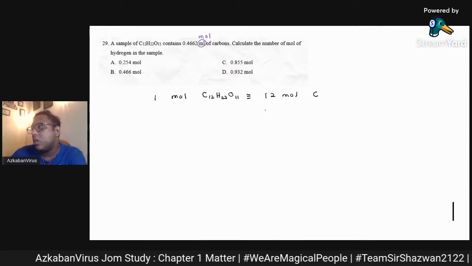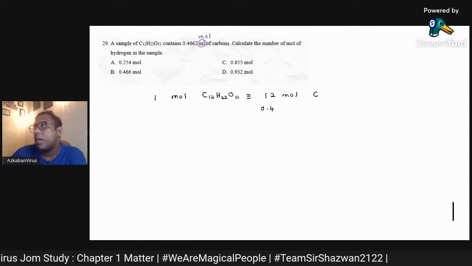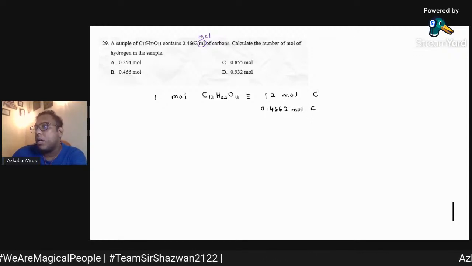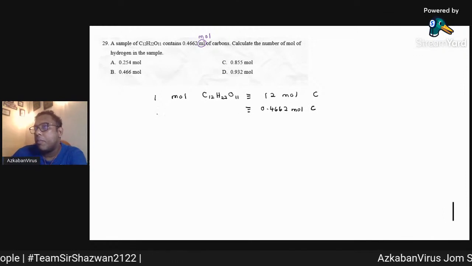Tapi kalau you ada 0.4662 mole of carbon, ni bersamaan berapa mole ni?